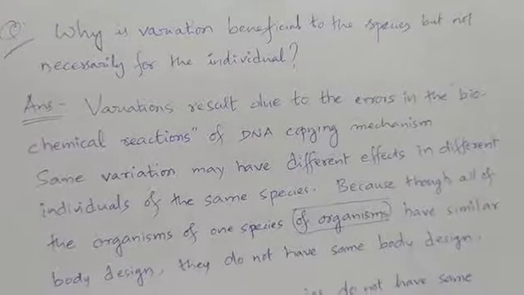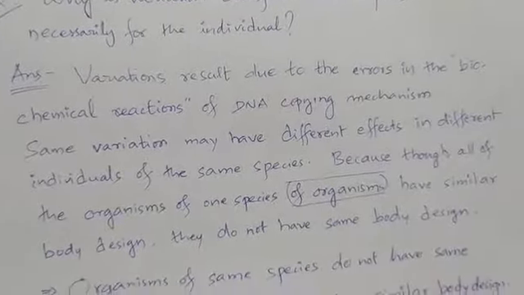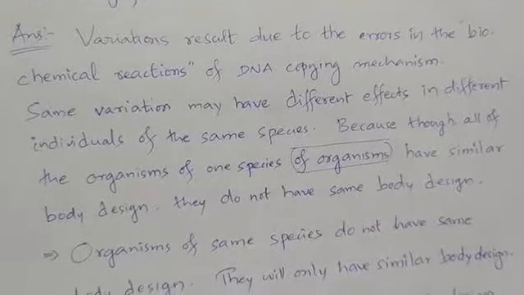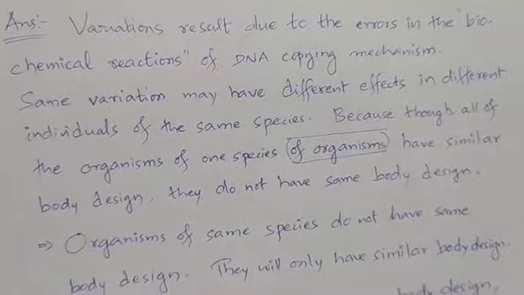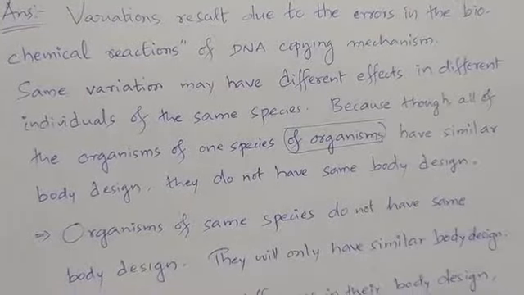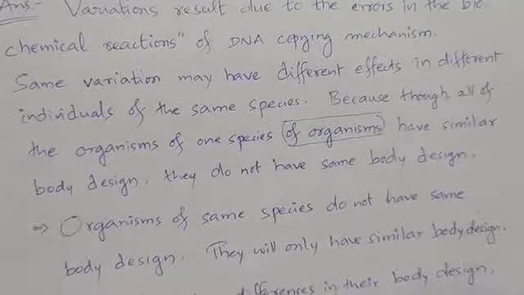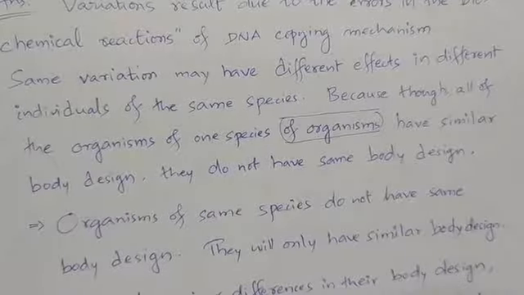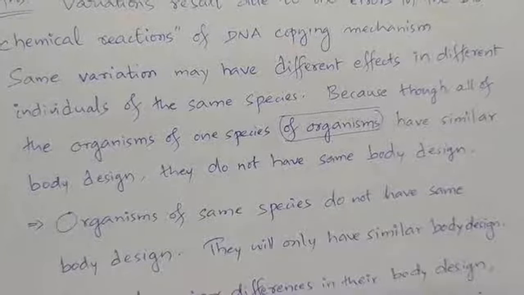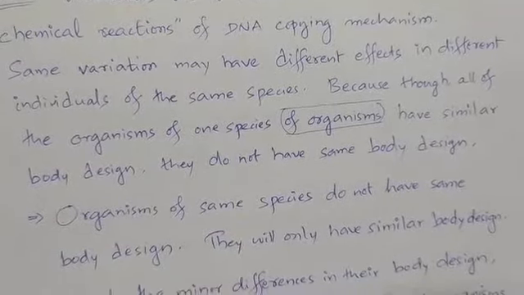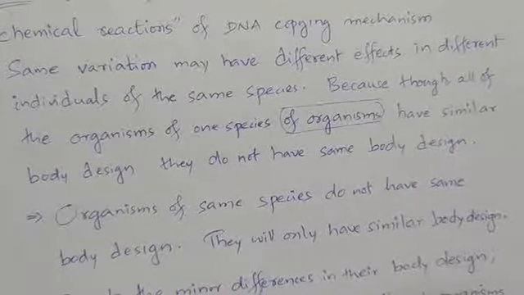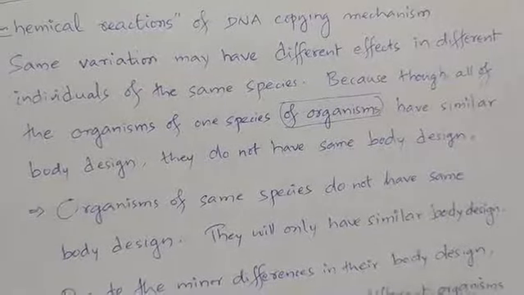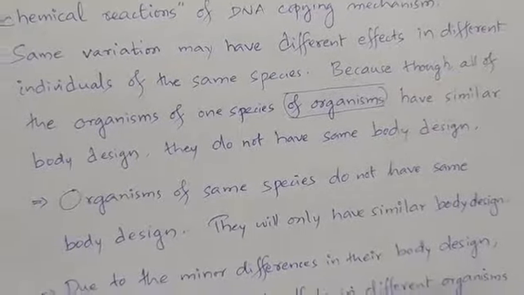Variations result due to errors in DNA copying. The same variation may have different effects in different individuals of the same species, because though all organisms of one species have similar body design, they do not have the same body design.